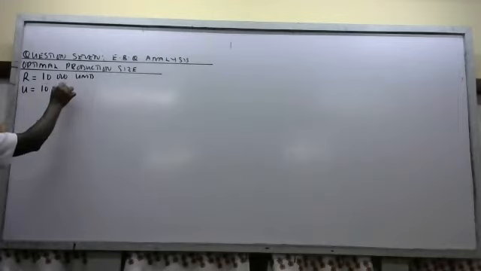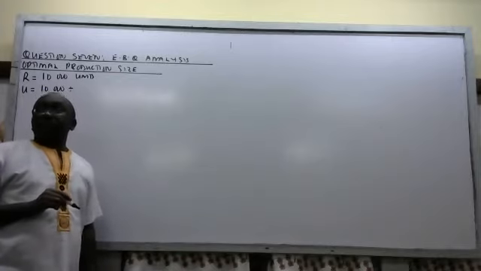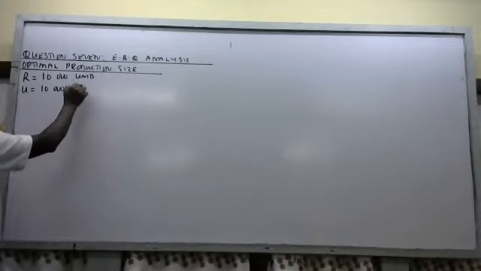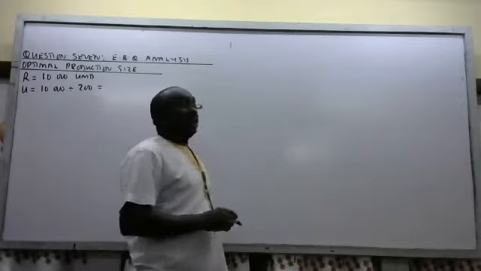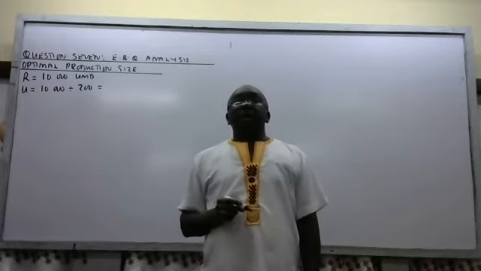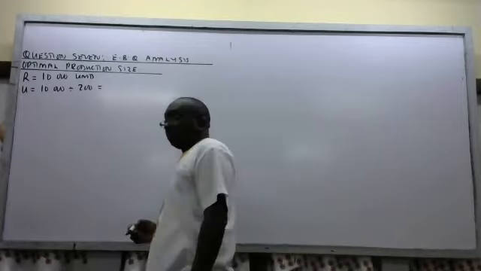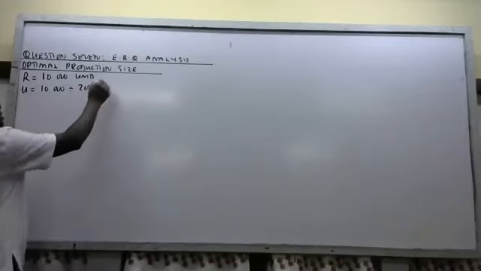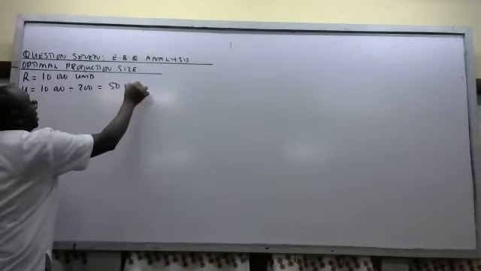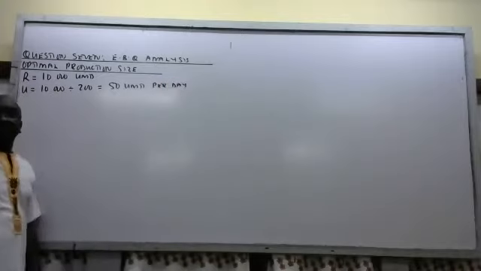For the whole year, we are using 10,000, and the year has 200 days. So 10,000 divided by 200 is 50 units per day.